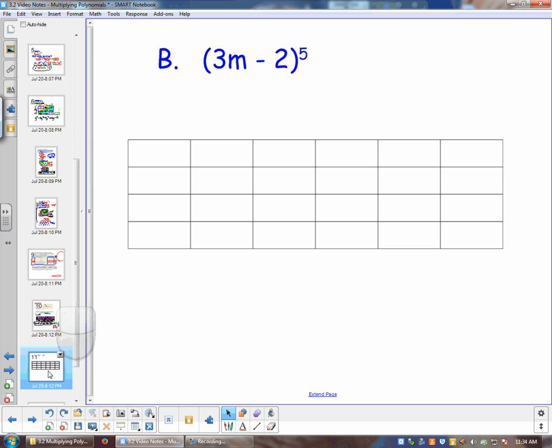Let's say we're going to do 3m minus 2 to the fifth. All right, so again, in this case, our a is 3m, our b is negative 2, and our n value is 5.